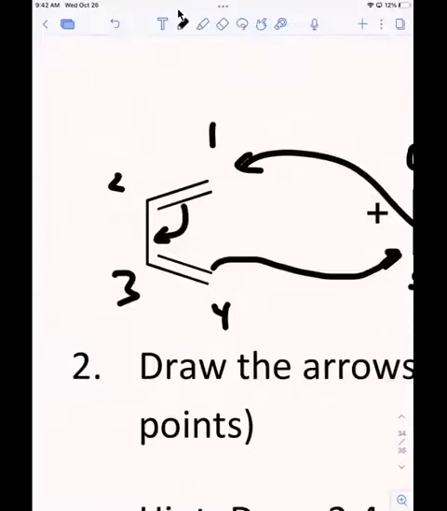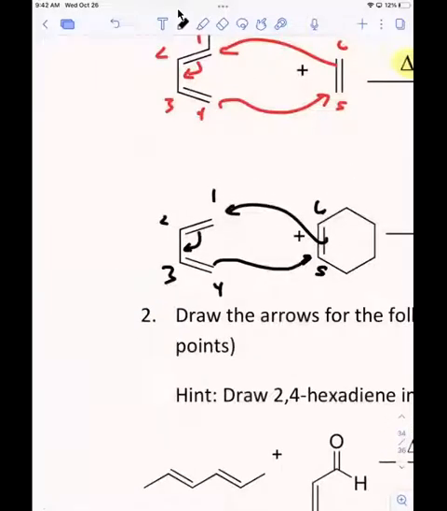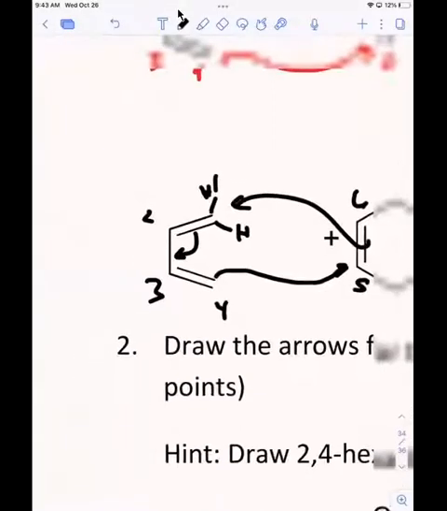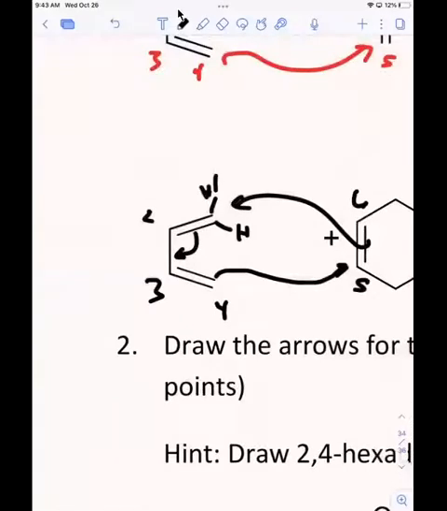Yeah. Okay, let me ask you a question. That carbon 1, it has 2 hydrogens on it. How many bonds would it have to it if we didn't shift that bond between 2 and 3, but we made a bond with carbon 6 on the other side, which is what that arrow is indicating?